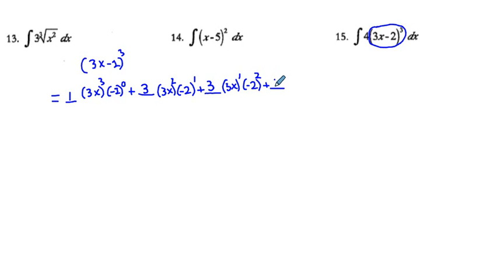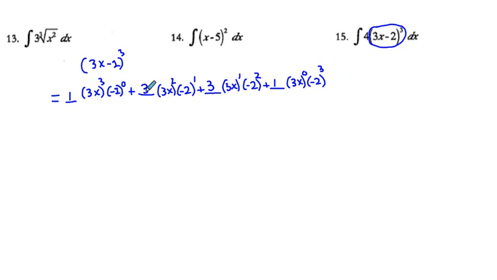We know that's going to be 1. So when the blanks are filled out as 1, 3, 3, 1, we're going to have this 3x to the 0 power, and times this negative 2 to the third power.